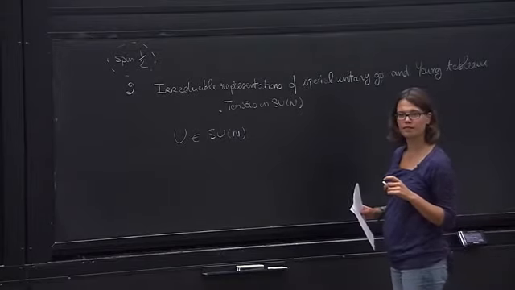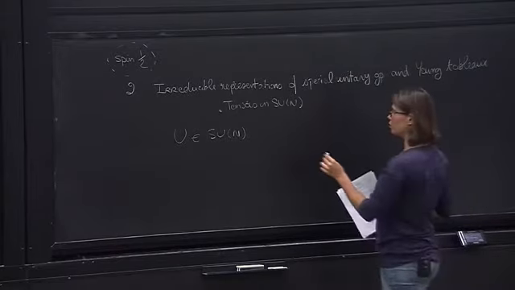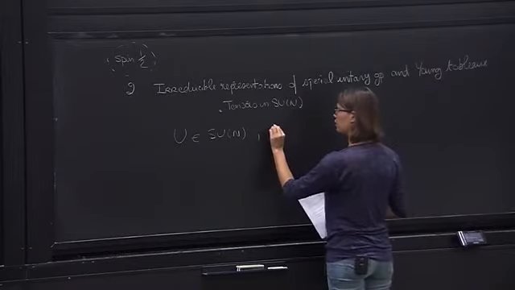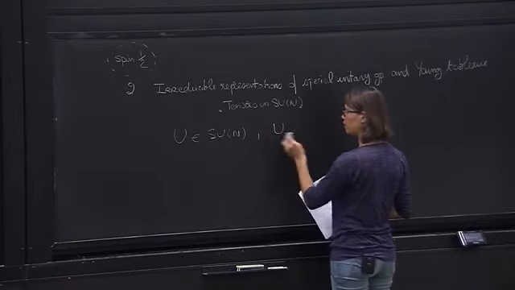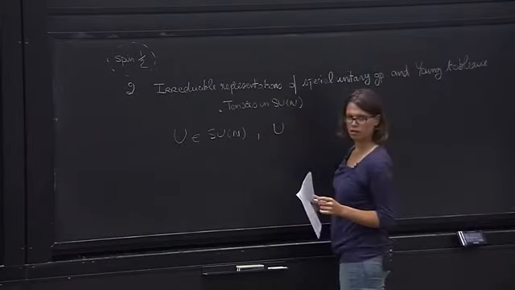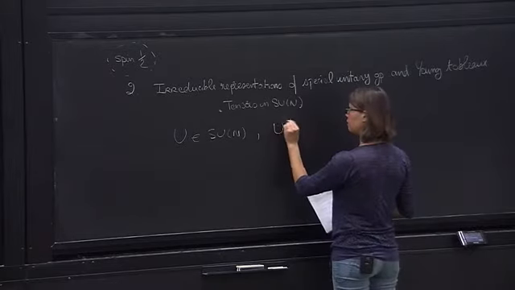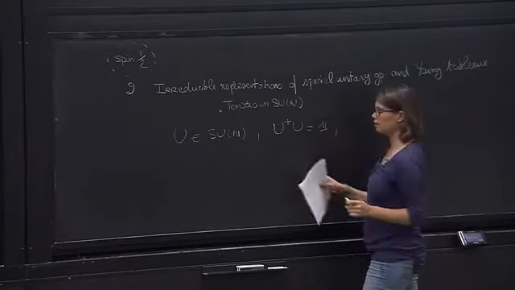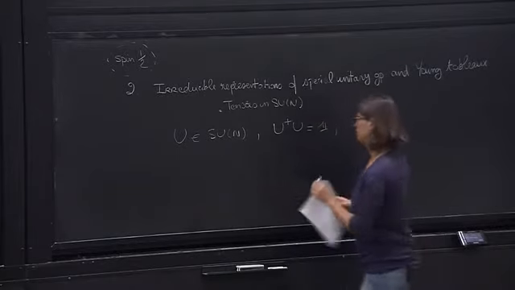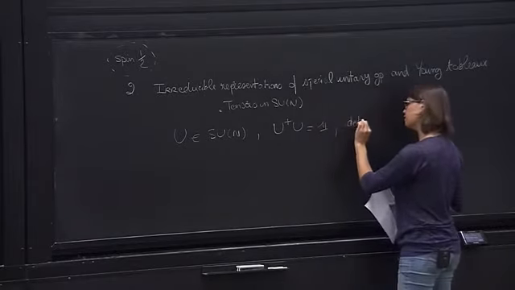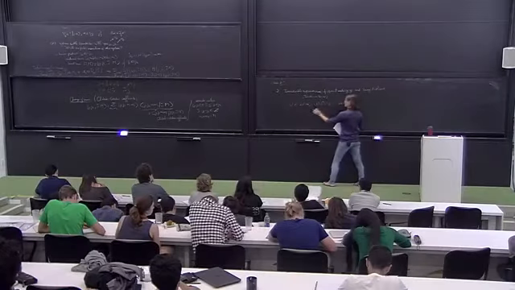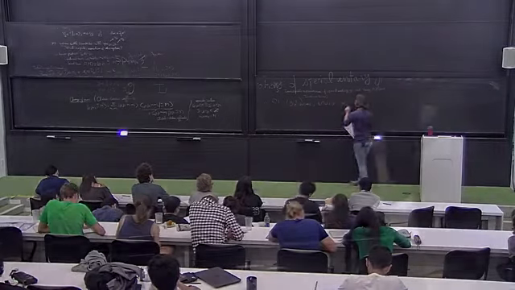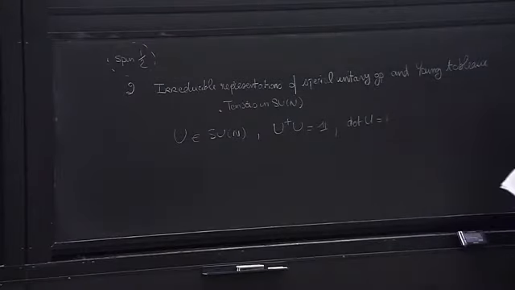Yeah, so this means that, how can you write this in terms of just U? So you get that. And what else do you need? The determinant of U is equal to 1. Yeah, okay. So don't forget this S, the special part, which means that you have determinant 1.